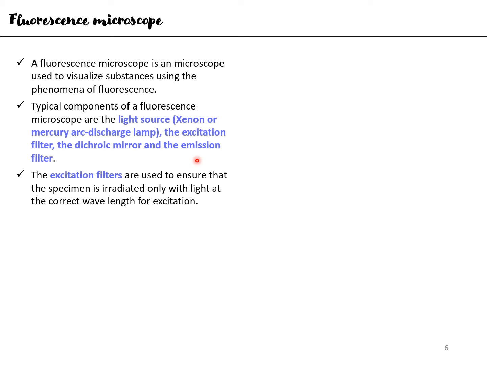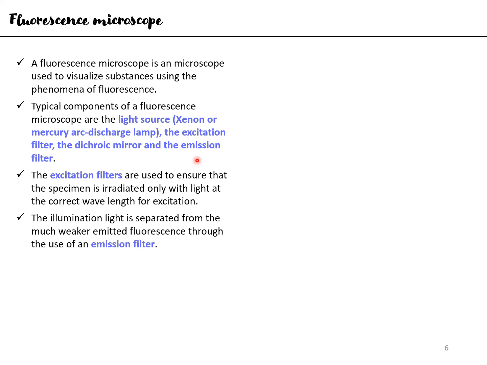To help with the same purpose, there is an additional layer of protection called the emission filter, because, like I already mentioned, the fluorescence that is emitted is much weaker, and the illumination light needs to be separated from this weaker emitted fluorescence light through an emission filter.